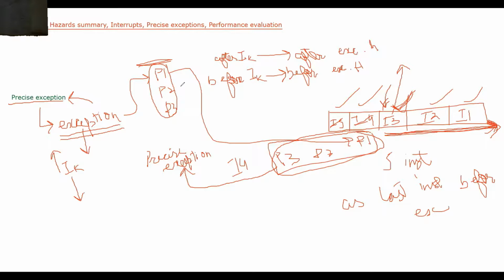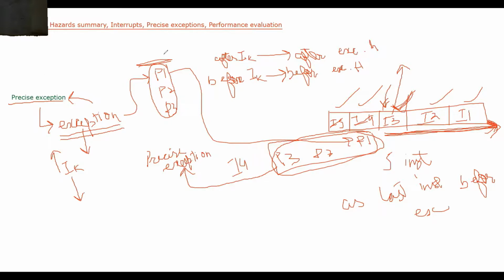And when those instructions are completed, only then do we start our program again. So this is how exceptions or interrupts are handled in our processor pipeline. This completes our discussion about interrupts and how they are handled in our processor pipeline.